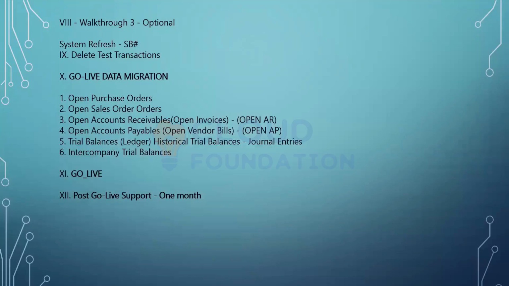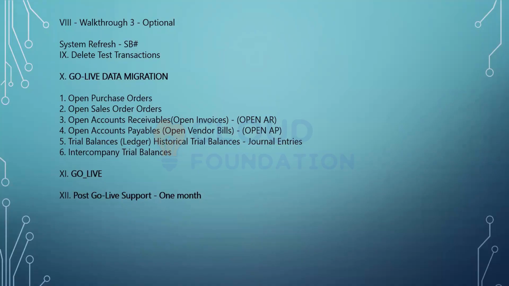Now, just before you go live, there is some transactional data that you have to import into the system. As we spoke about, this is applicable only to the users who already have certain open purchase orders and open sales orders. If it is a brand new business, then obviously all those things are not required.